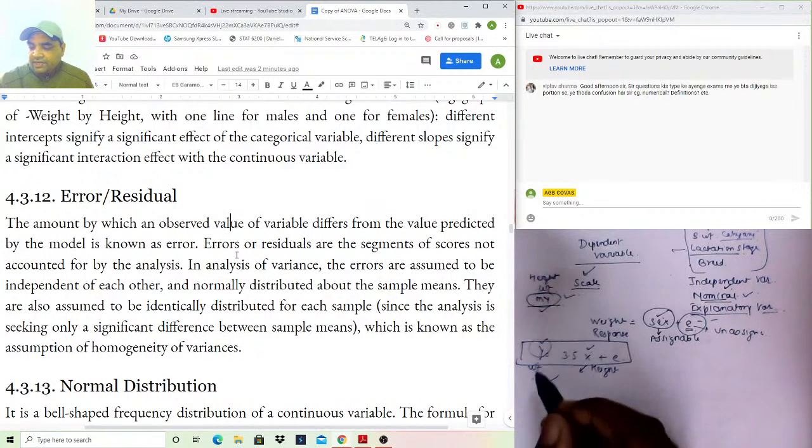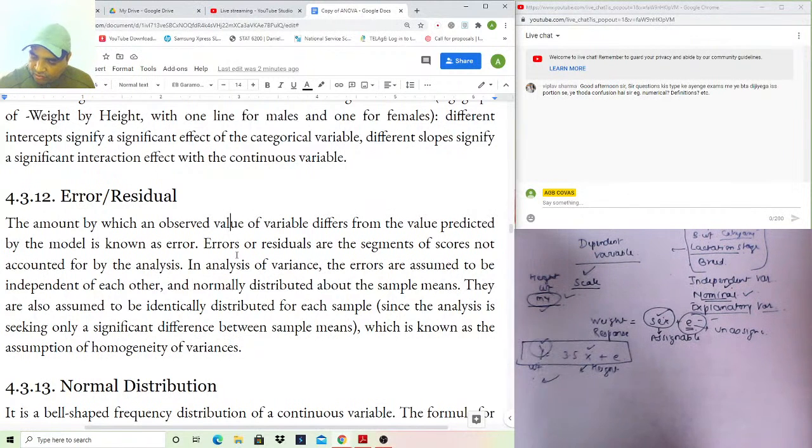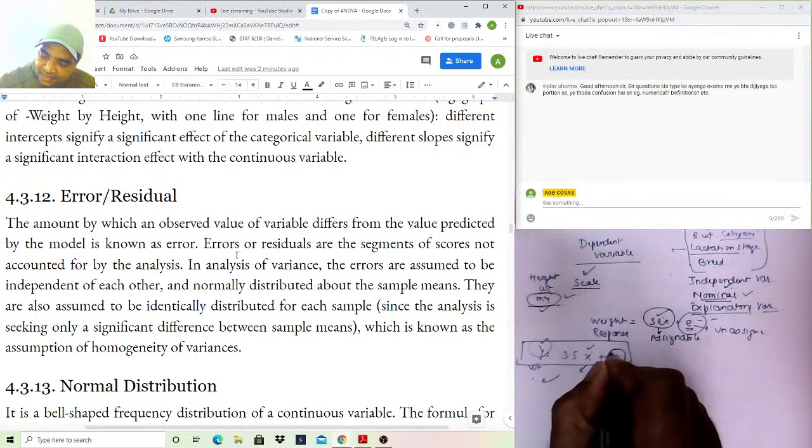Say for example we take the data of your class, the weight of all the students, the height of all the students, and then find out that it has a relationship of y is equal to 3.5 into x plus e. So when we put these values, you will find that it will not be able to find the correct value of your weight. So there will be some error. What is that error? That is e.